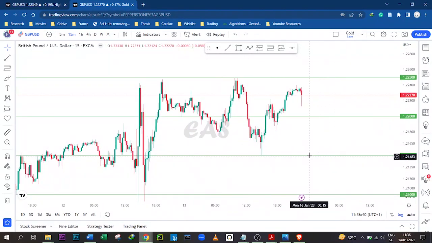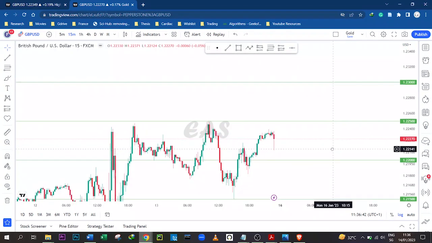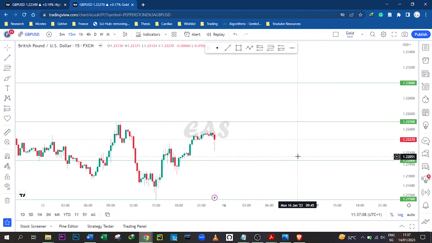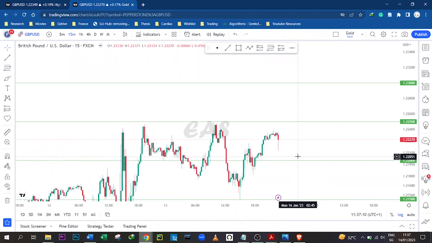I have put these green lines here to serve as what I call psychological levels, because banks, hedge funds, and big firms tend to like to buy or sell at whole numbers, round numbers. For example, when you go to the market, you might see some groceries at 9.95, but the number that comes to your mind on a whim is just a whole number.